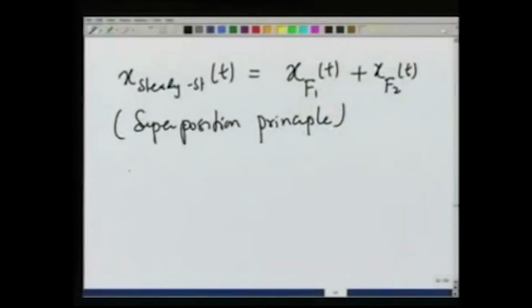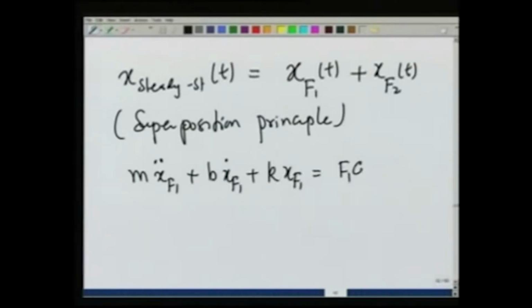You can substitute it back and see: m x f1 double dot plus b x f1 dot plus k x f1 equal to F1 cosine of omega 1 t plus alpha 1 is satisfied, and for 2, F2 cosine of omega 2 t plus beta is satisfied. Therefore, the sum satisfies the equation with the right hand sides added.